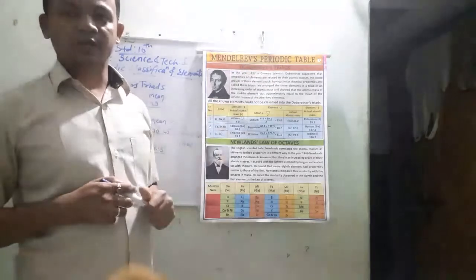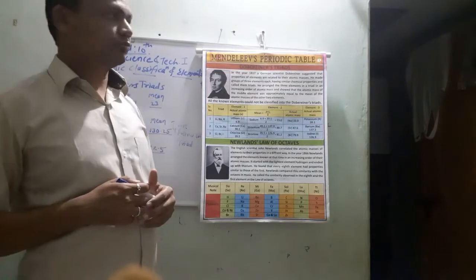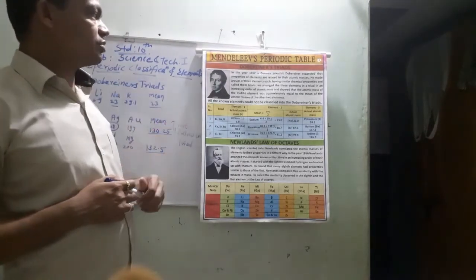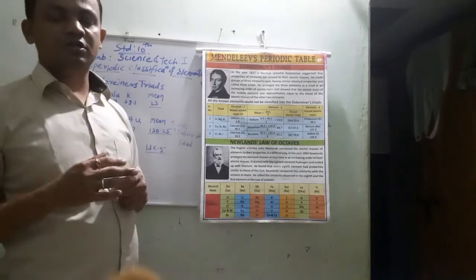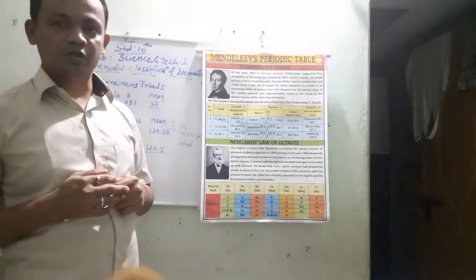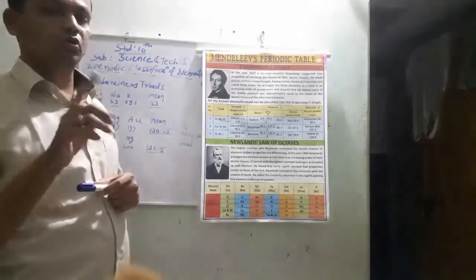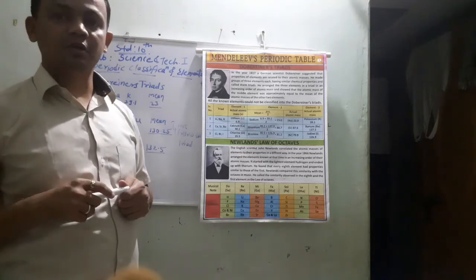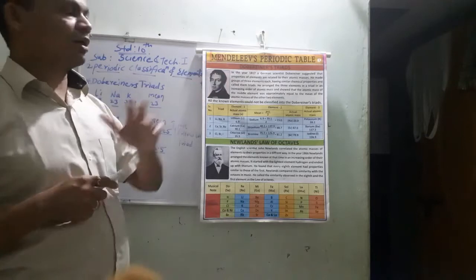The scientist's name is Dobereiner, and that method is known as Dobereiner's triad. Dobereiner arranged three elements having the same chemical properties in a single group. A group of three elements having similar chemical properties is known as a triad. त्यालाच काय नाव दिलं त्यांनी?